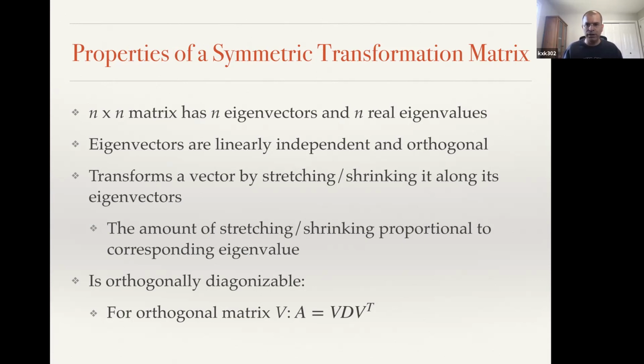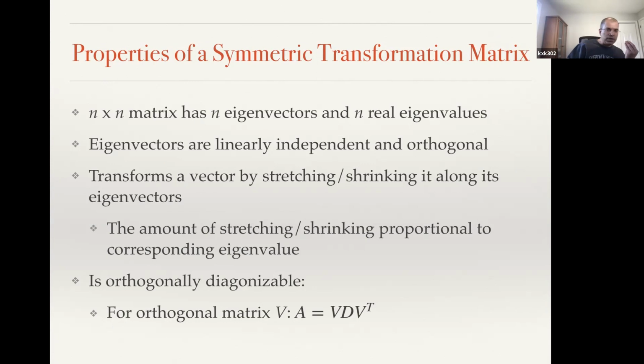They're linearly independent and they're orthogonal. That means they're perpendicular to each other. So a transformation performed by matrix A does stretching and shrinking along its eigenvectors, as we saw in that circle to ellipse transformation. And the amount of stretching and shrinking is proportional to the corresponding eigenvalue, okay?